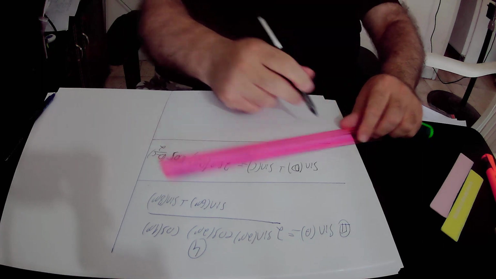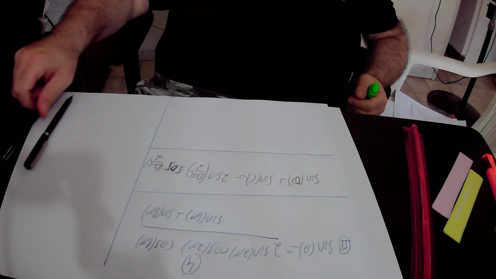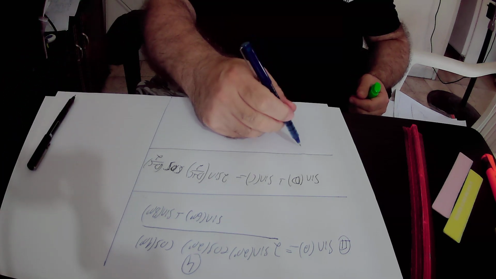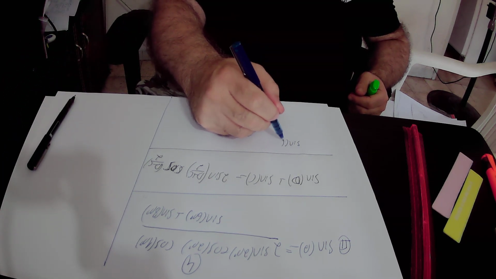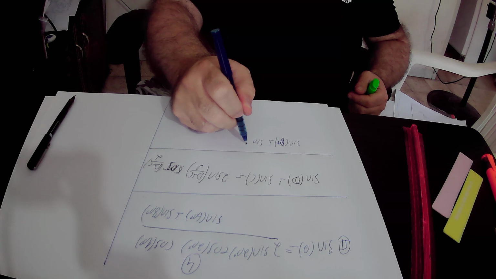So now we will use this trigonometric identity in order to find out the value of sine 80 degrees plus sine 60 degrees.